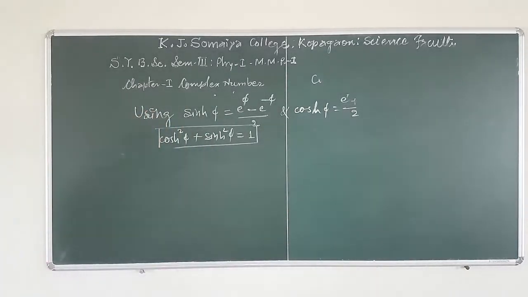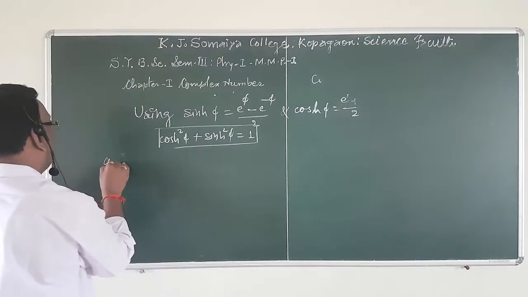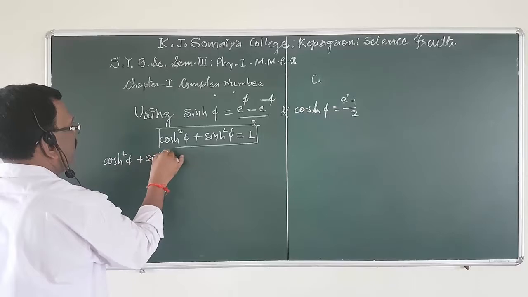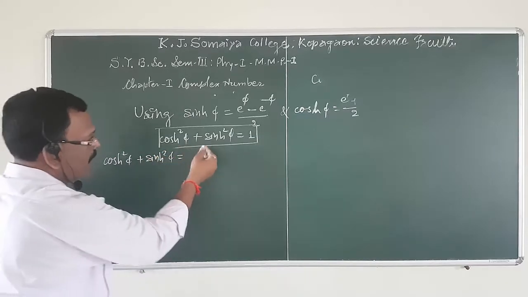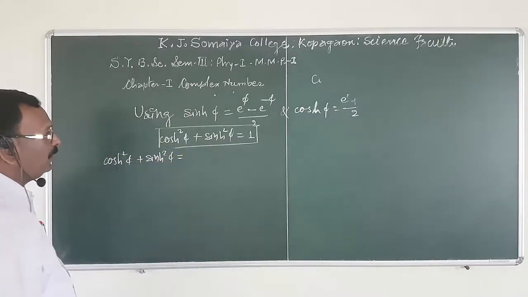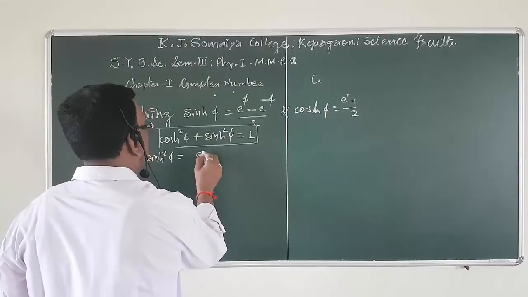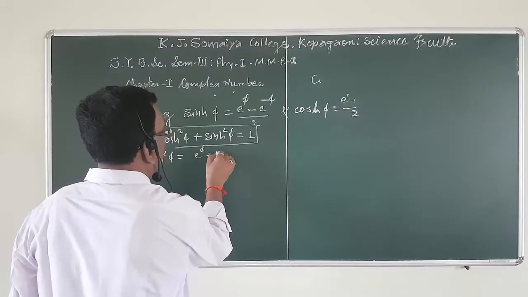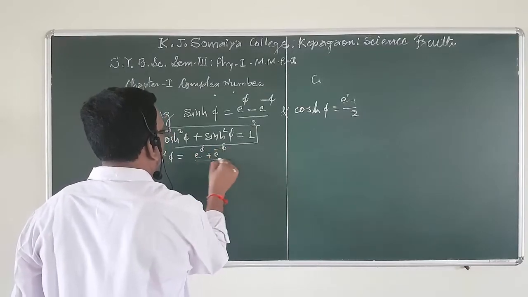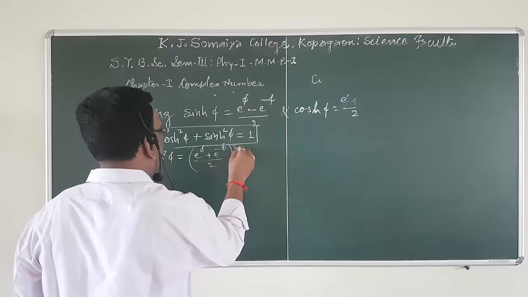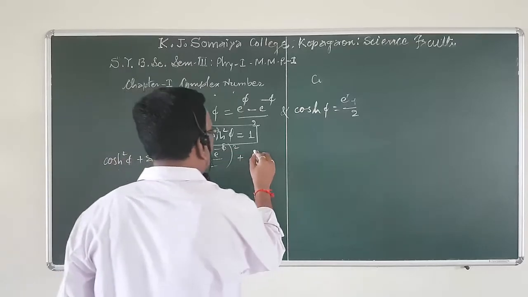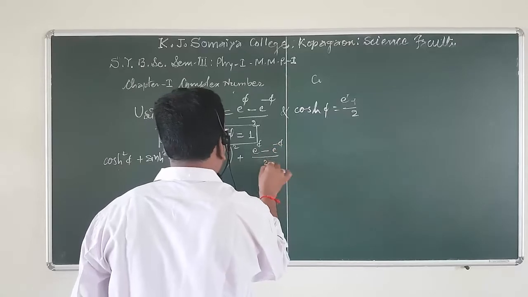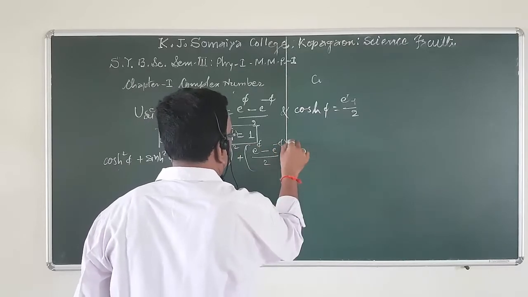Okay. See the LHS of this equation. Cos square phi plus sin square phi is equal to, substituting the values of cos square and sin square, we have (e^phi plus e^(-phi) upon 2) whole square plus (e^phi minus e^(-phi) upon 2) whole square.